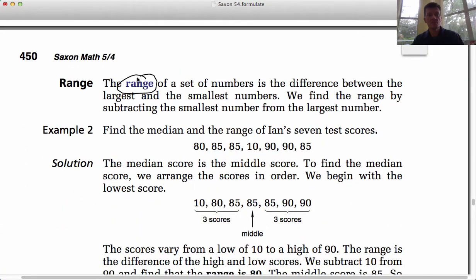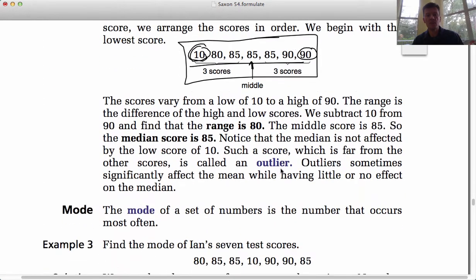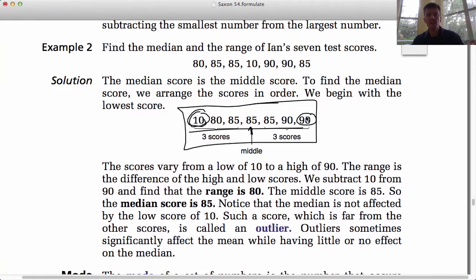The range is the difference between the lowest number and the highest number. We already found the median; I told you it was 85. We put them in increasing order. Now to find the range, we take the highest number, 90, and we subtract the lowest number, 10, and the range is 80.